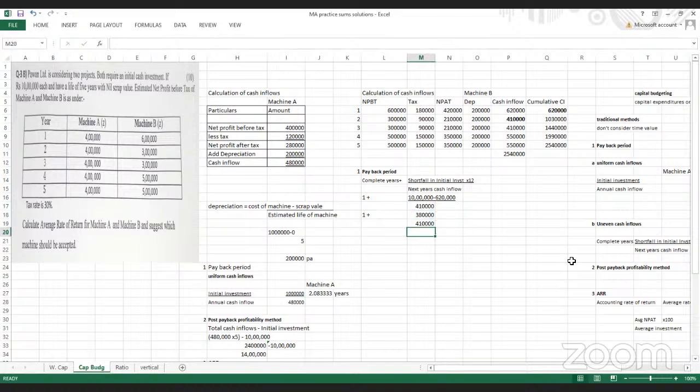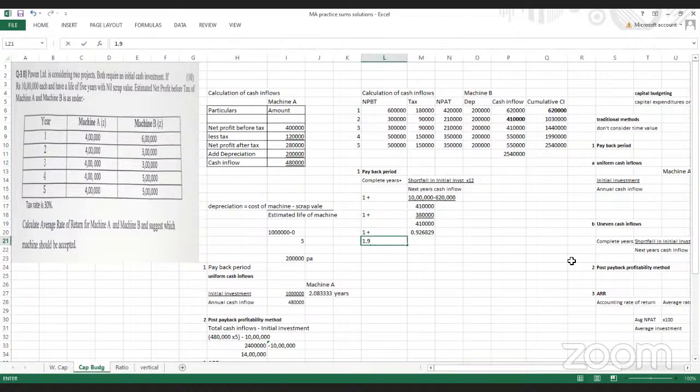I'll do it in next line. Again, I'll carry forward it. And I'll solve that. 3,80,000 divided by 4,10,000. So I'm getting 0.92. So my answer is 1.92.